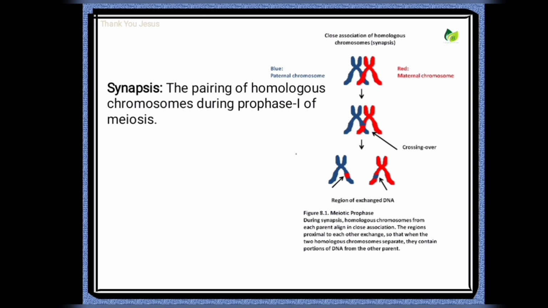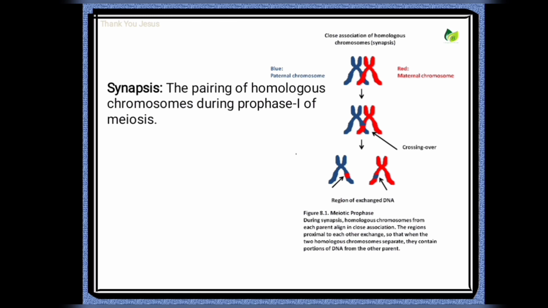Synapsis. The pairing of homologous chromosomes during prophase 1 of meiosis. Synapsis is nothing but the pairing of homologous chromosomes. Look at the picture. For our convenience, they are labeled with colors, a blue chromosome and a red chromosome. They overlap one another.